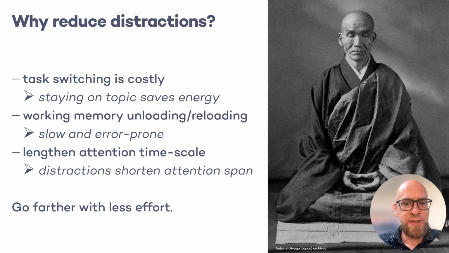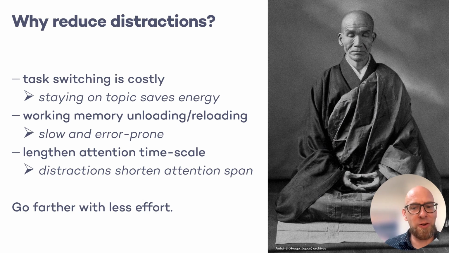But if distractions can be so rewarding, then why can't we just allow them in and enjoy them? There are several important reasons for reducing distractions. One of them is that task switching is costly. Staying on topic saves energy. And related to this, the unloading and reloading of the working memory is slow and error prone.